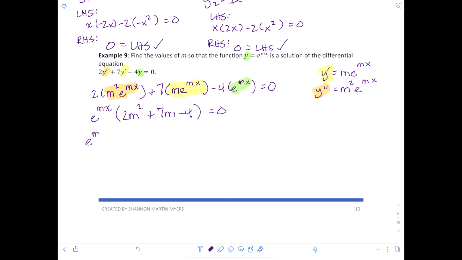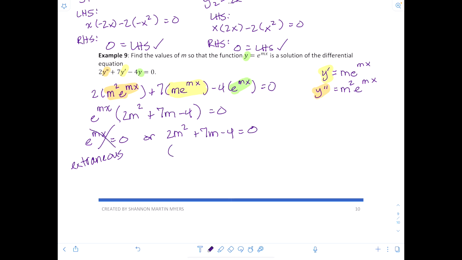So what does that mean? E to the mx is 0, or 2m squared plus 7m minus 4 is 0. The first one is extraneous. There's no way that that exponential can have a 0 result, so we'll cross that out.